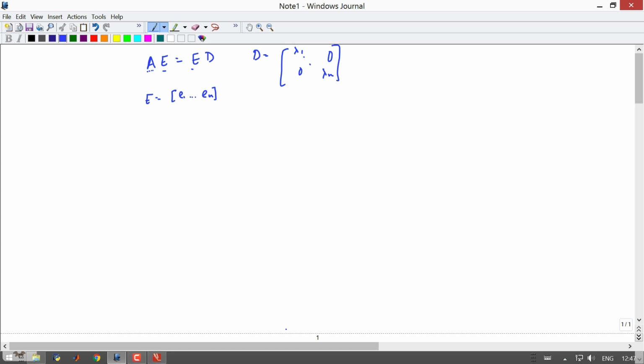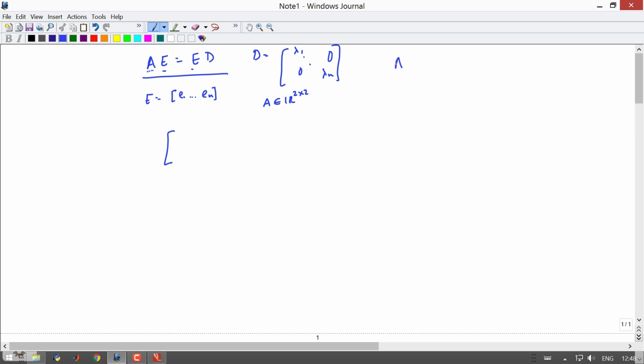So if I just look at the two dimensional case, say A is in R 2 cross 2, right. Can I actually substantiate this statement? This is not a proof, but this is a little illustration of how we can go about doing that. So what do I know of the relation?